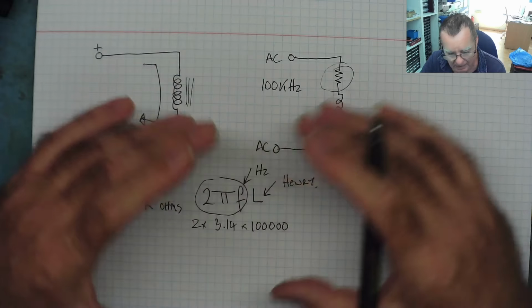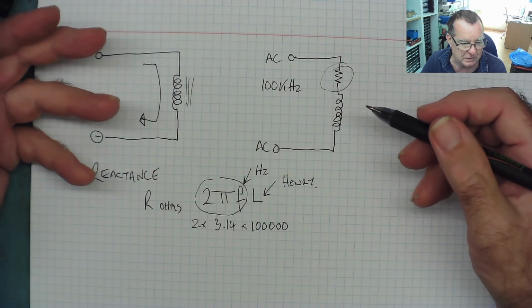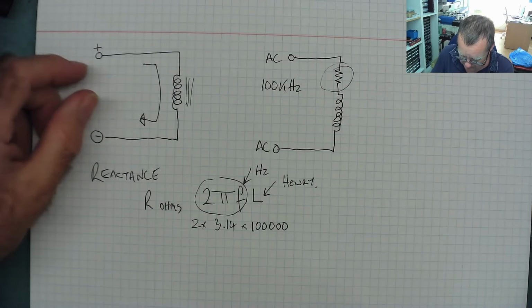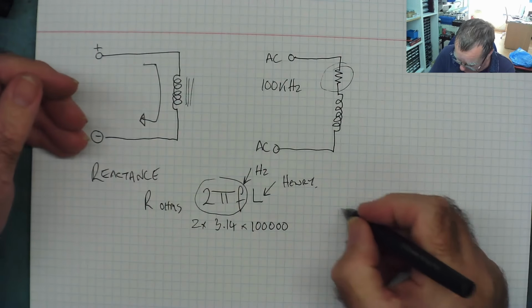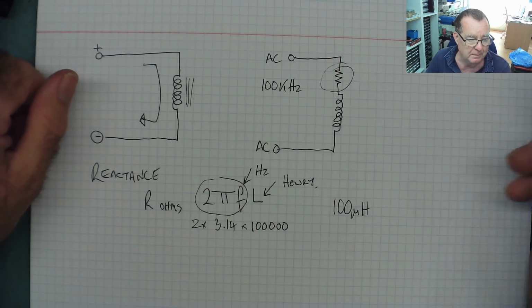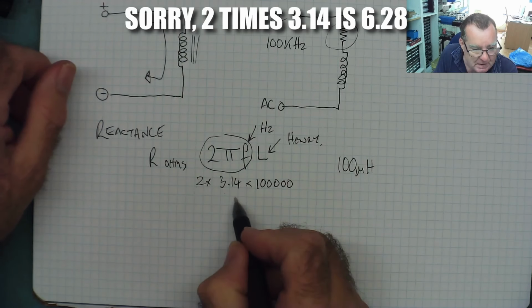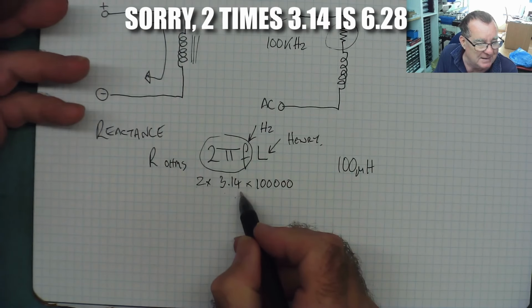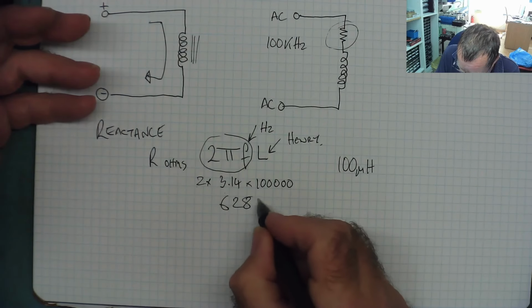So I'll show you how the formula works in henries, and I'll show you how to do it in microhenries. It's much easier. Let's work out what the resistance would be if we had 100 microhenry inductance. So 2 times 3.14 is 6.28 times 100,000 is 628,000.